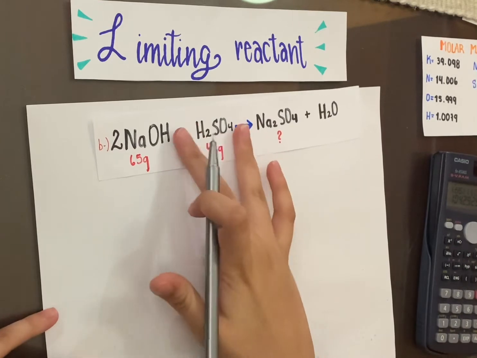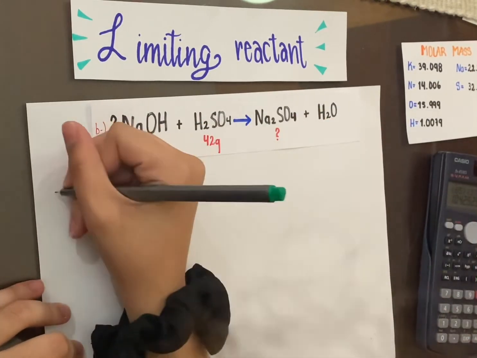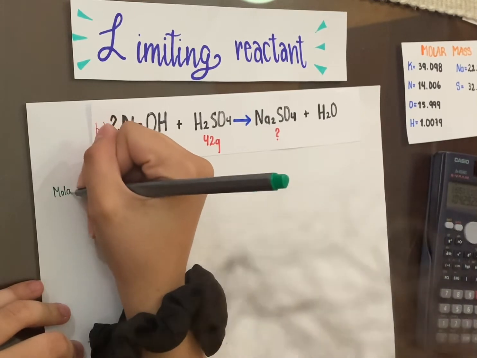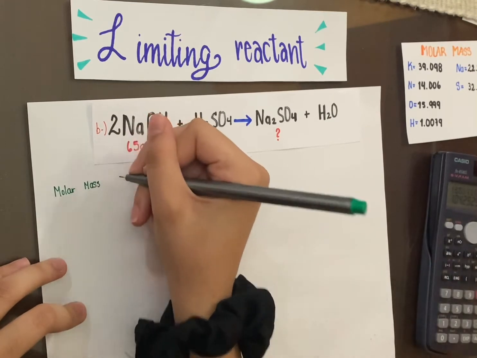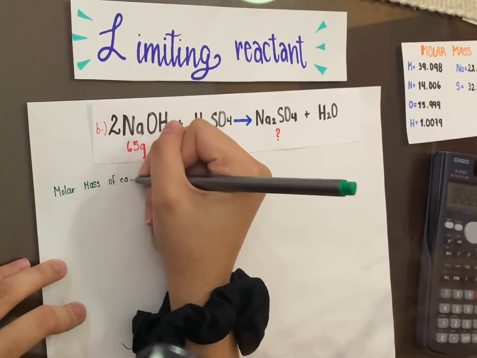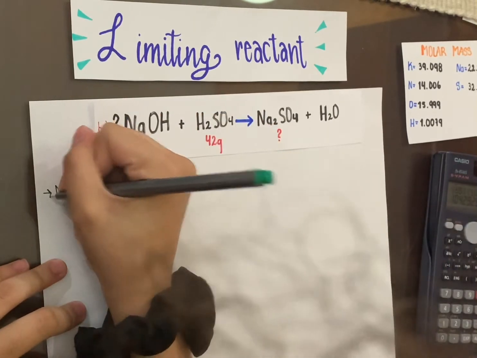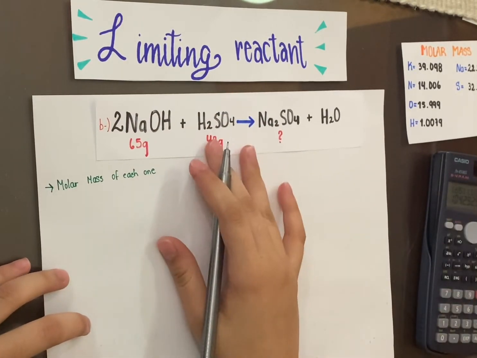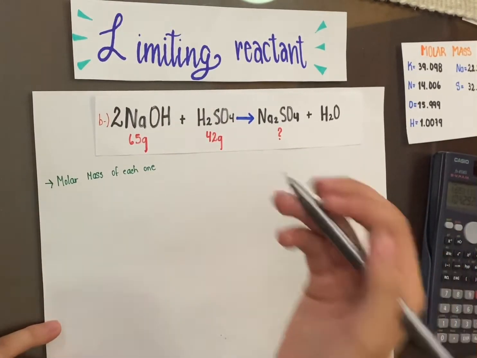So we're going to find the molar mass of each one. The first one that we are going to take is of sodium, oxygen, and hydrogen.